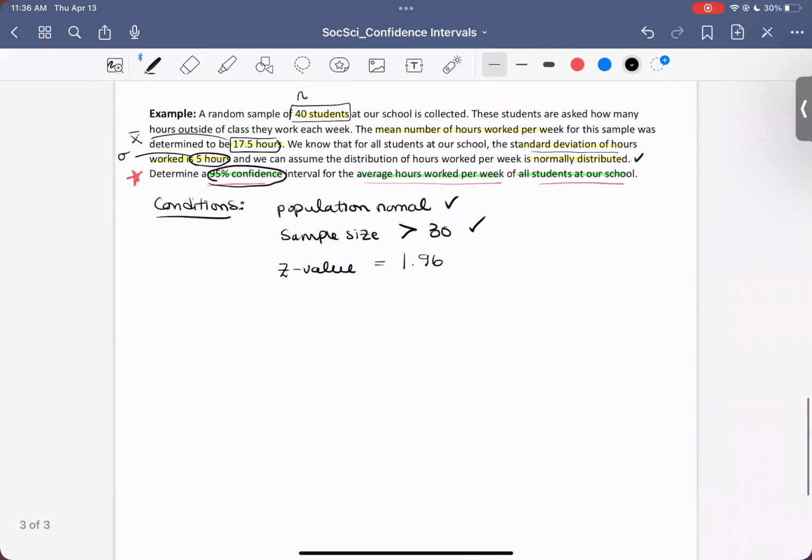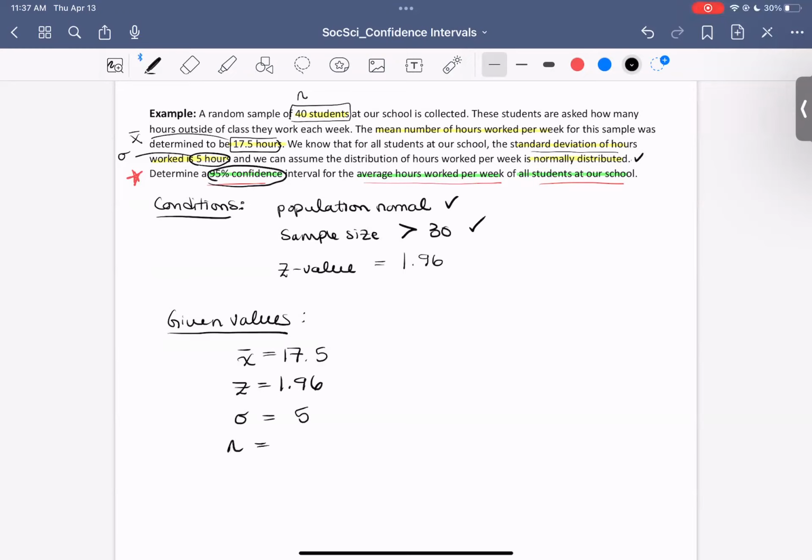So then we can gather all this information we have. So I'm going to write given values. We have X bar is equal to 17.5. We have Z is equal to 1.96. We have sigma equal to 5.